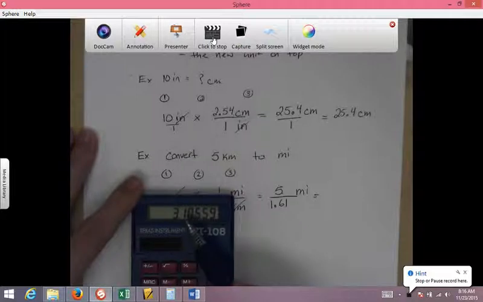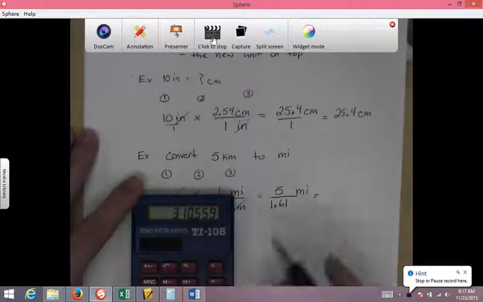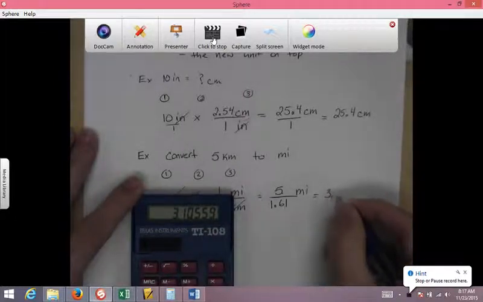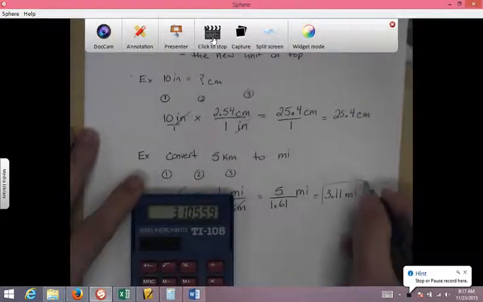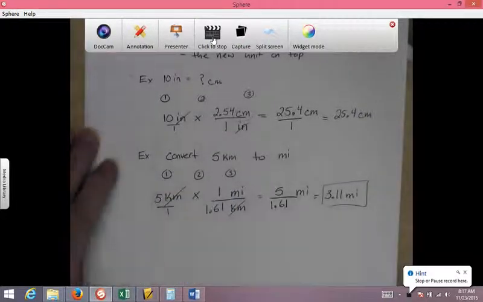Remember, your tenth is the first digit after the decimal, hundredth is the second. So when they say round to the nearest hundredth, you find your hundredth place and look to the right. Is that 5 or more? Yes. So we add 1 to the hundredth place, so we're going to write 3.11, the unit is going to be miles. And that's our answer. And that is converting between systems.